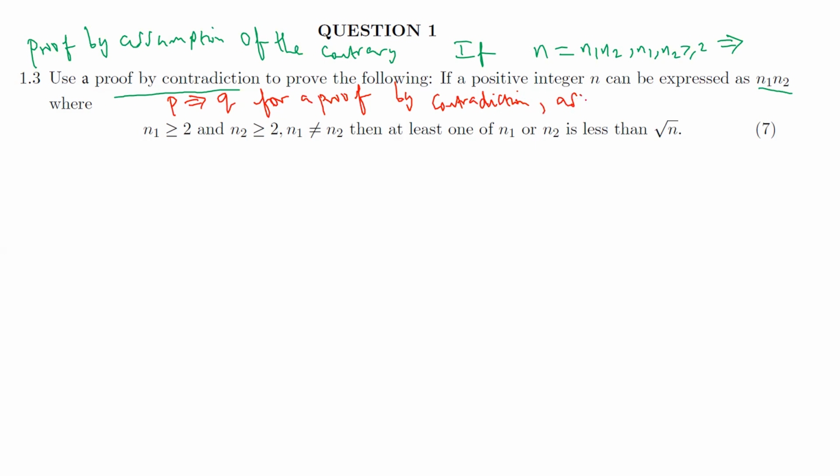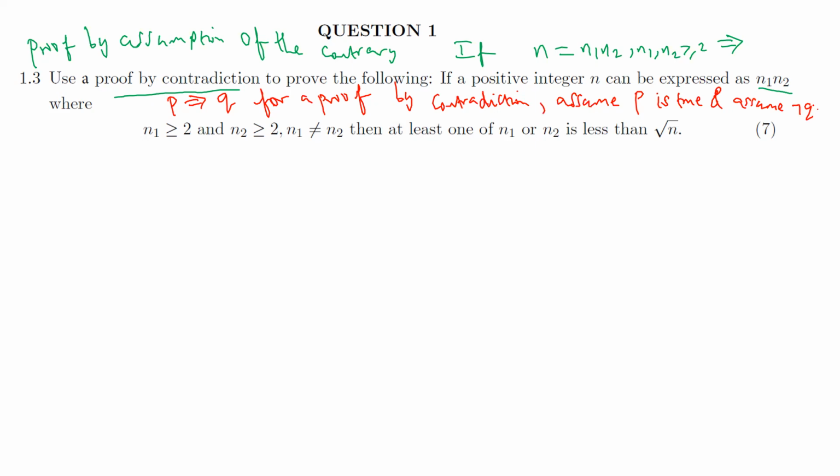For the proof by contradiction, assume P is true and assume not Q. So you assume P is true and assume not Q, and then you arrive at a contradiction.